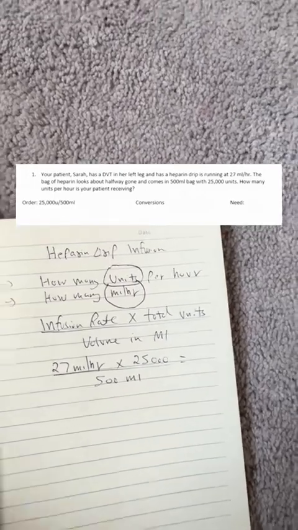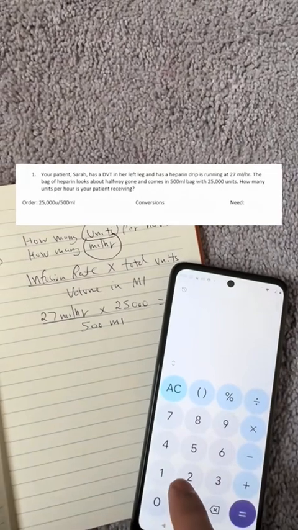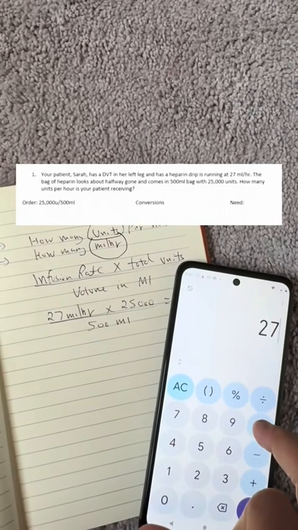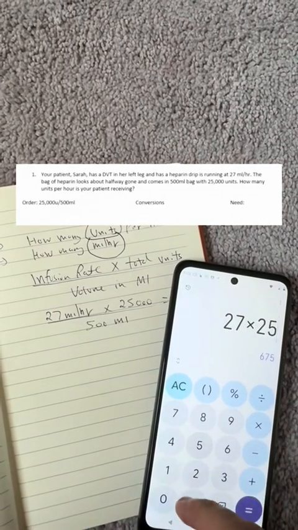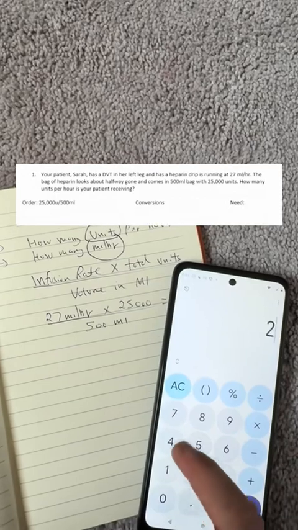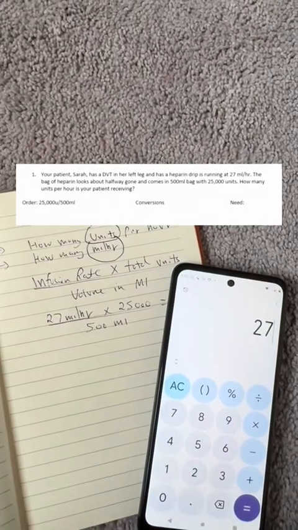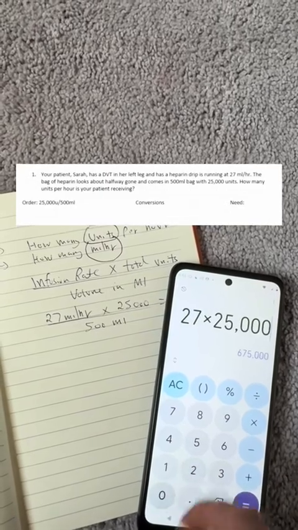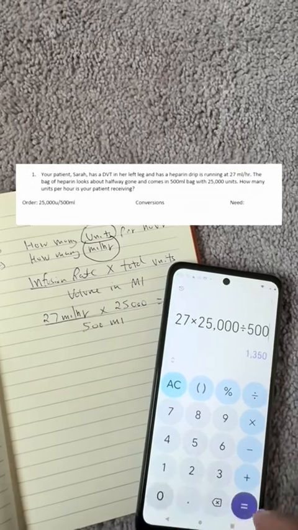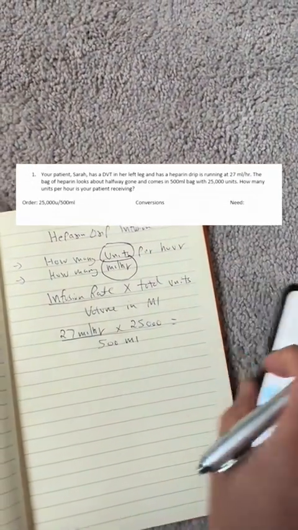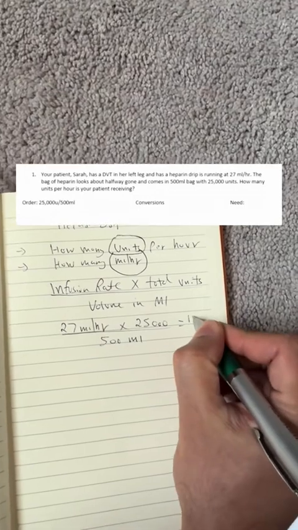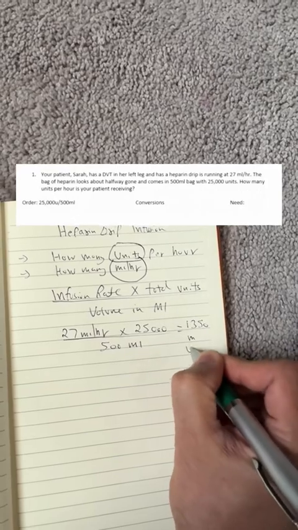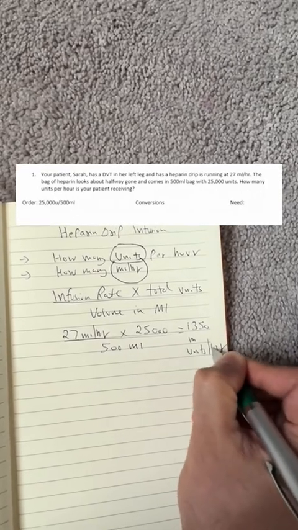Now we will solve it. So 27 ml an hour infusion rate, multiplied by units, which is 25,000, divided by 500 ml volume, equals 1350 units per hour.